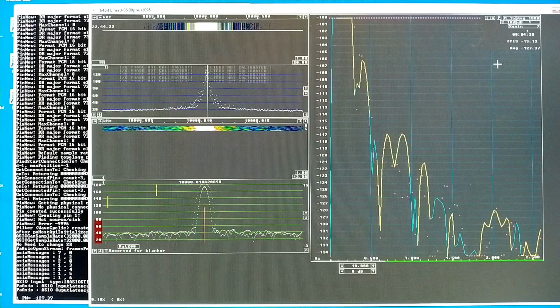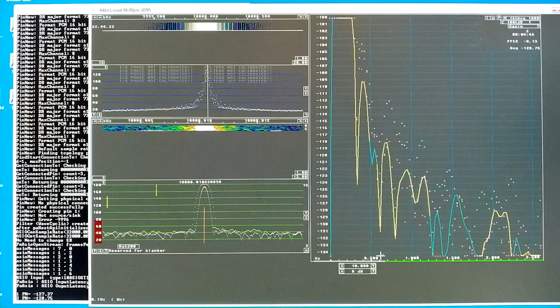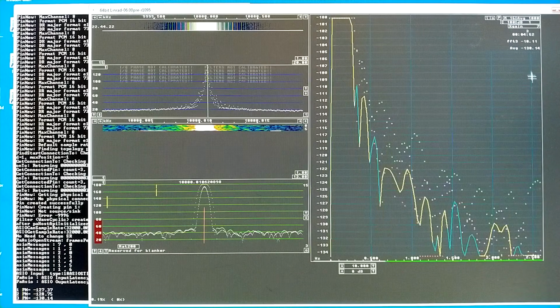And here comes the phase noise. Now, Linrad is computing the average of the results over the green range here, and that comes here as minus 130 right now.